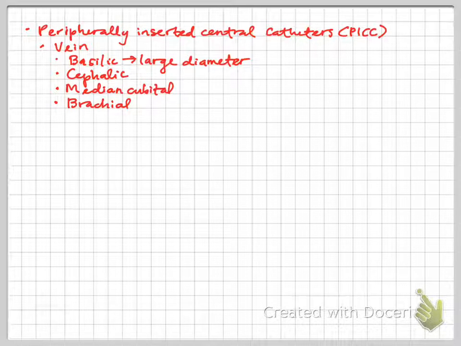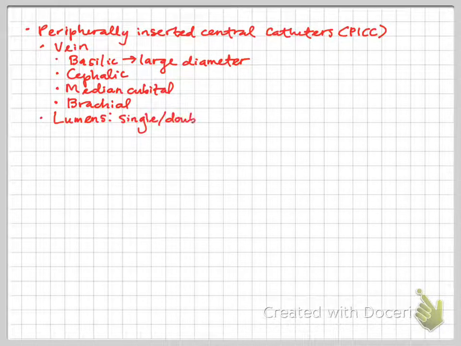Lumens, again, may be single, double, or triple. And this is where you really want to pay attention to the compatibility of your drugs. You always want to be aware of that, especially infusing things IV, because some drugs are incompatible with certain fluids.